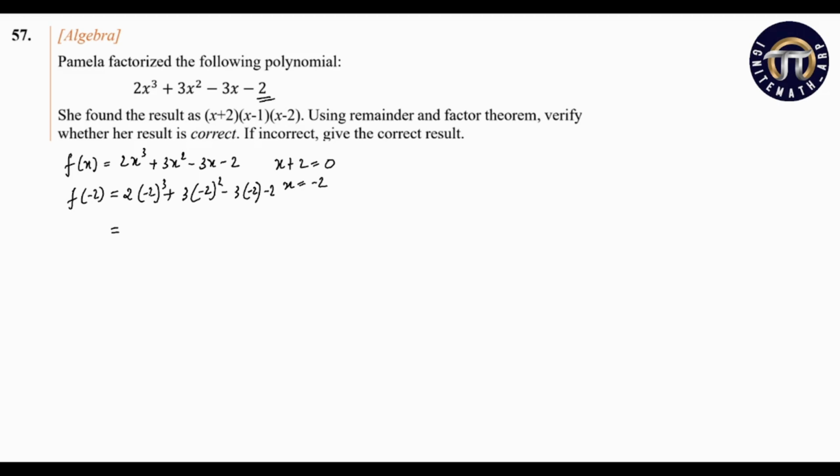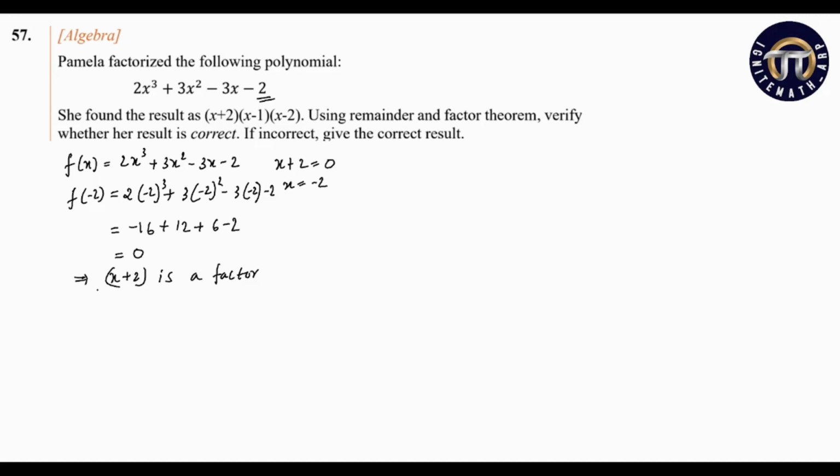So here I get minus 8 into 2 is minus 16, then 4 into 3 is plus 12, then plus 6 minus 2. 12 plus 6 is 18, minus 16 minus 2 is minus 18 again, so 18 minus 18 gives 0. So that means, children, x plus 2 is a factor.